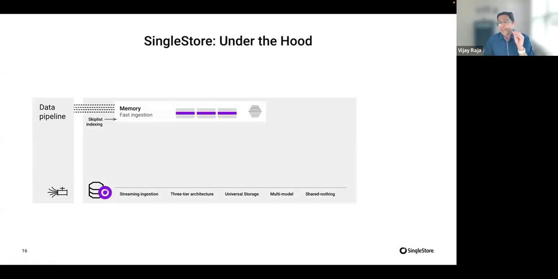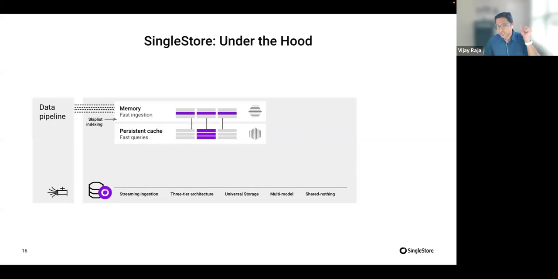Okay. Along with the in-memory row store, we also have a disk-based column store, which is what we call the persistent layer. So data gets written into memory, but it's immediately written to the disk as well. That's tier 2 of the storage, and it makes us ACID compliant as well. As I mentioned previously, the disk-based column store also gives you the advantage of compression ratios of up to 85 to 90% to lower your TCO.